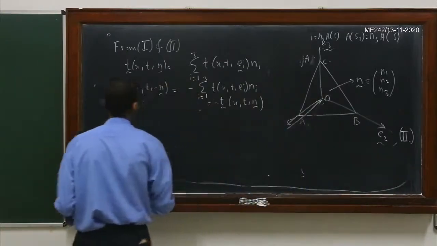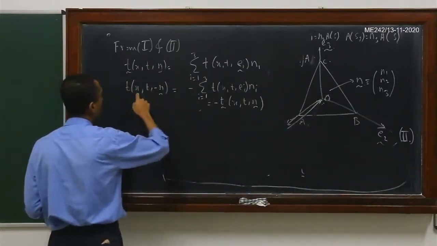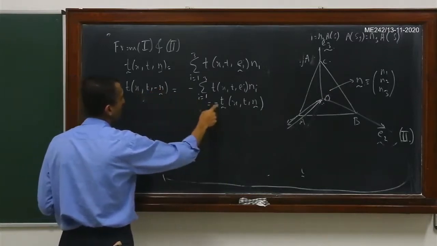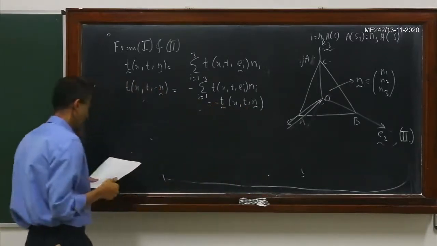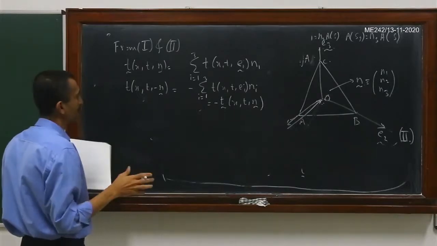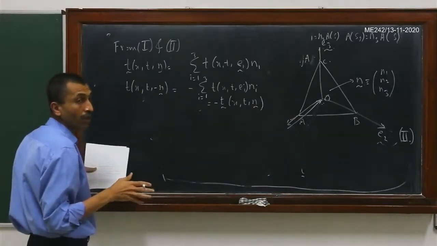So what we have shown now is t(x, t, minus n) is equal to minus t(x, t, n). This is nothing but the analog of Newton's law of action and reaction.